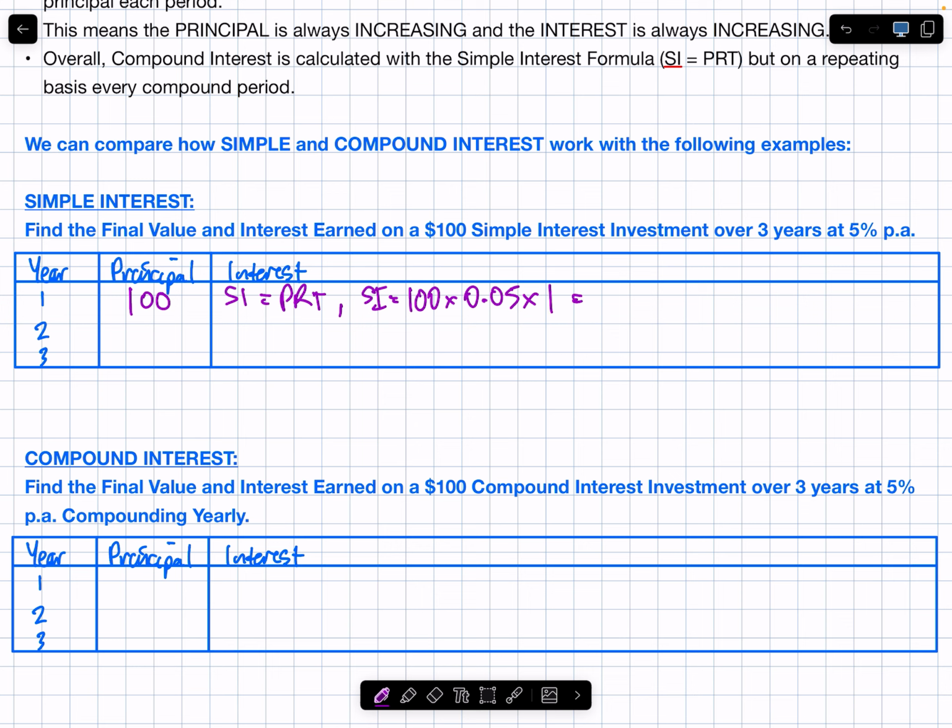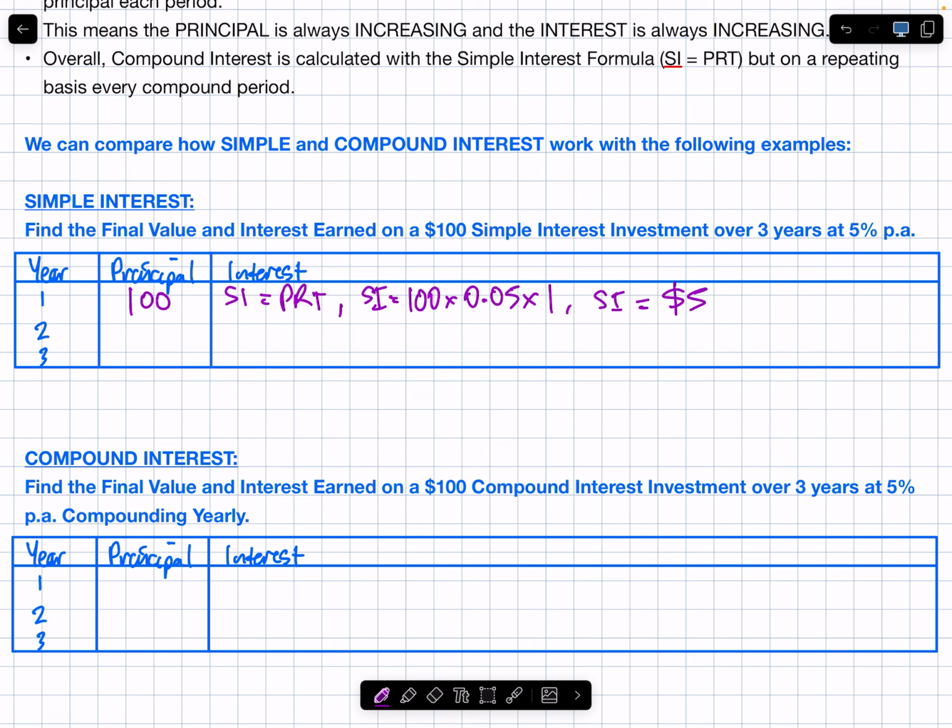So 5% of 100 is going to be 5. So SI is going to equal $5. But what I've tried to explain here is that in simple interest, that principal stays the same. This $5 goes to you. It doesn't go back onto the principal.